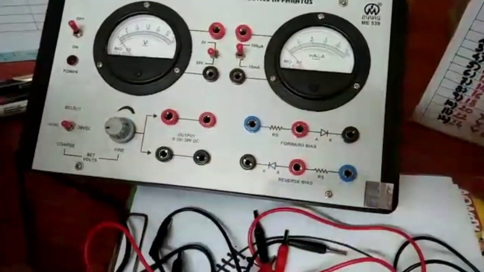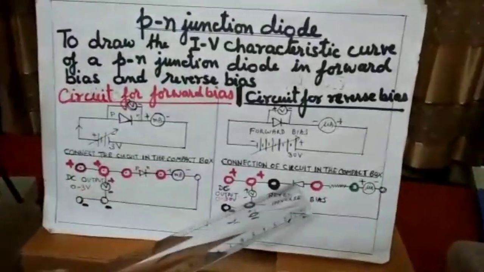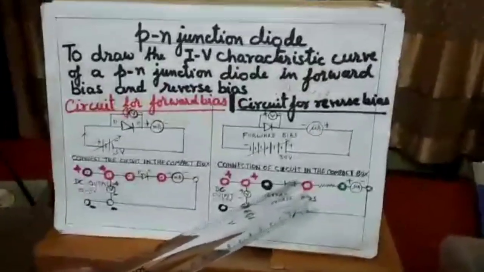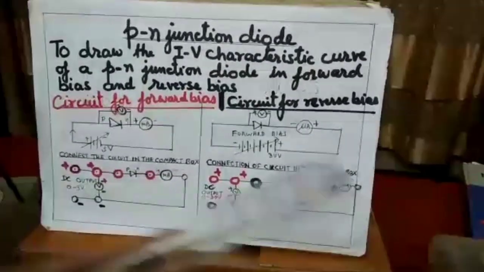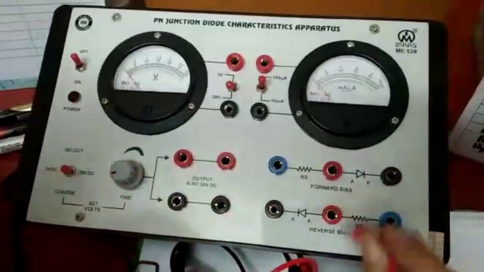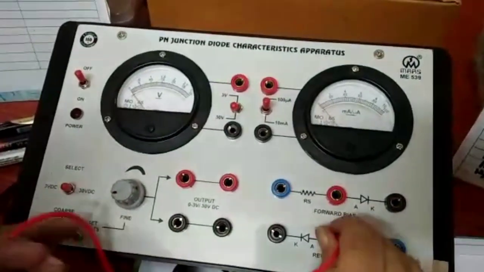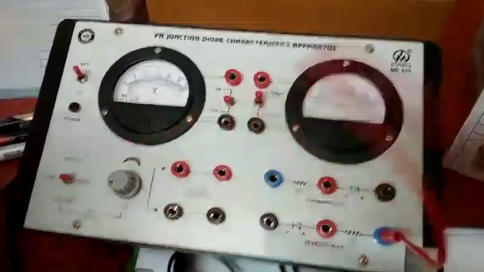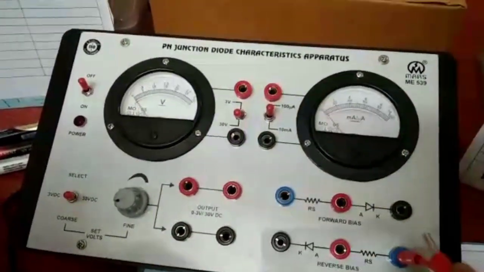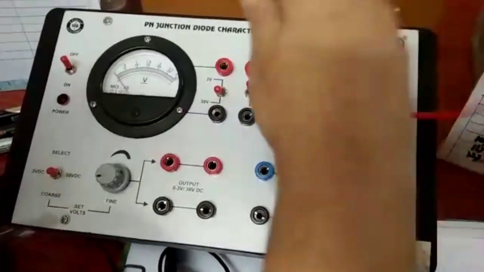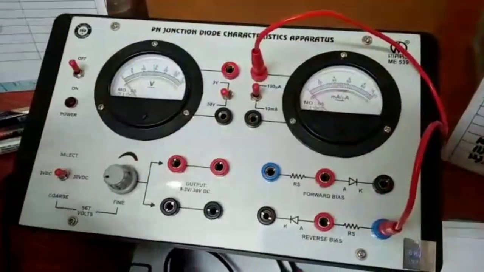Now coming to the circuit, you can see the equivalent circuit here. This is the reverse bias diode whose P portion is connected to the positive of the microammeter.